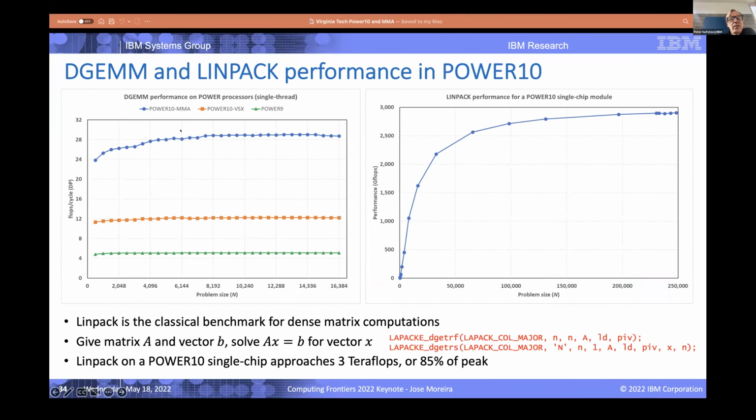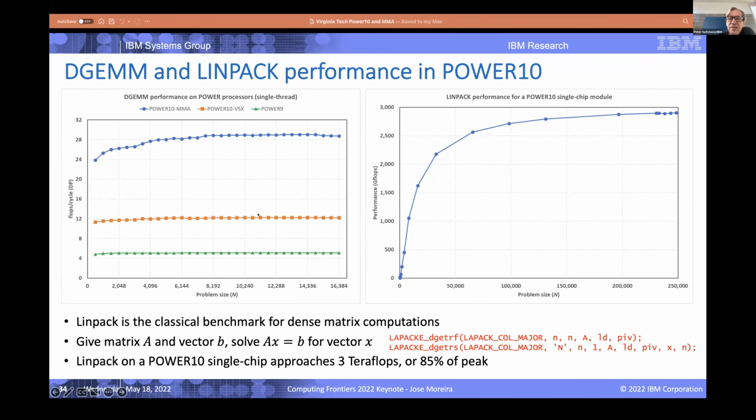Actually, when we use the matrix math capability, we more than double the performance, and the reason is that we have an ability to still use some of the SIMD capability in parallel with the matrix math capability. So that's why it's a factor that's a little bit bigger than a factor of 2, going from SIMD only to SIMD plus MMA.